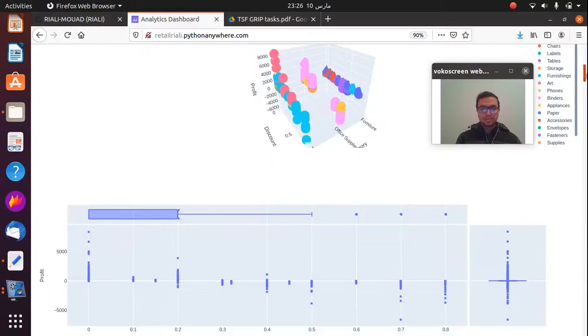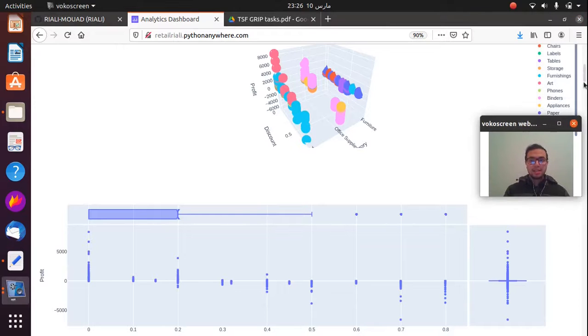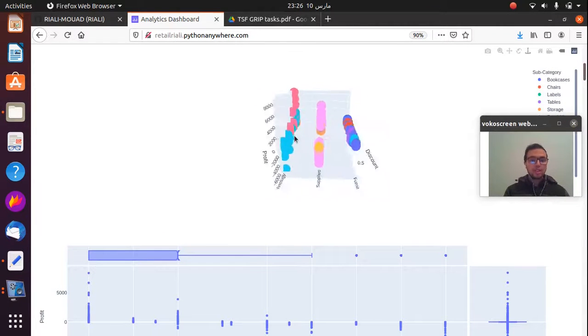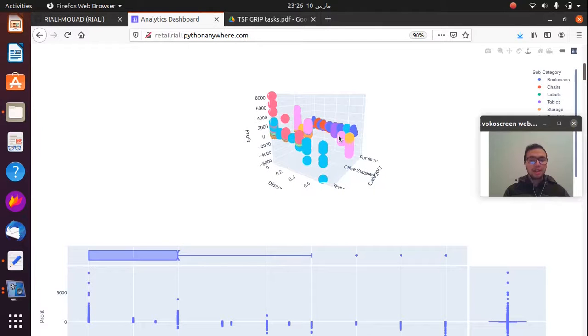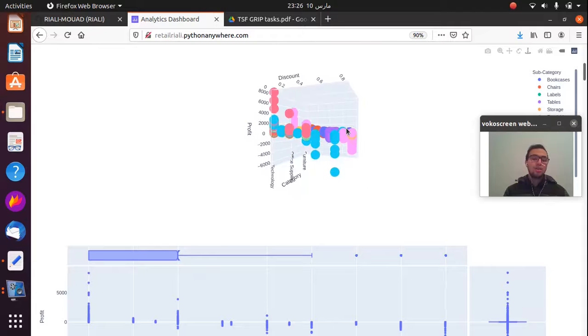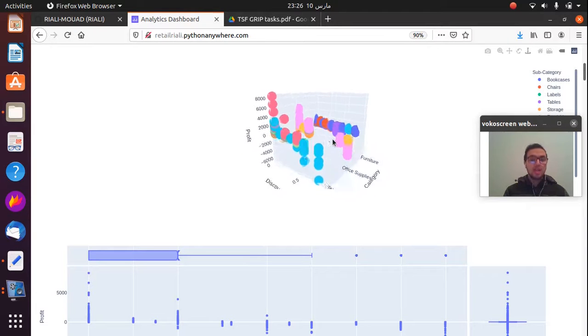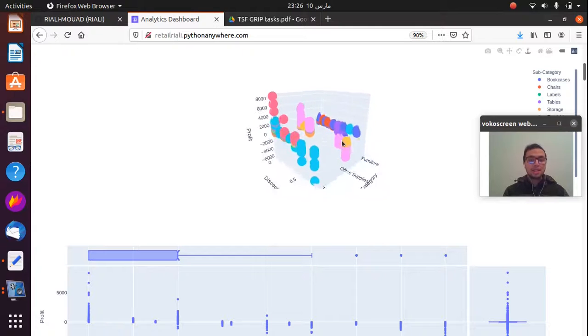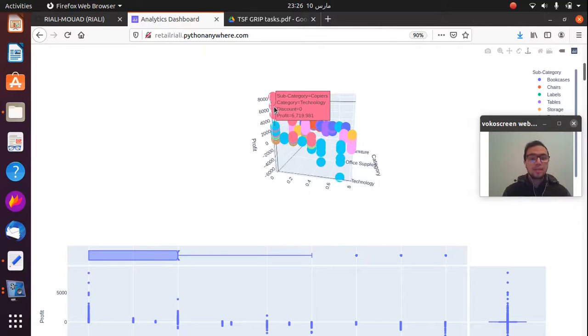Here we have a 3D plot representation of discount, profit, and category, which tells us which category contains a lot of discounts and which category gains a lot of profit. For instance, the subcategory copiers gains a lot of profit and has nearly 0% discount.